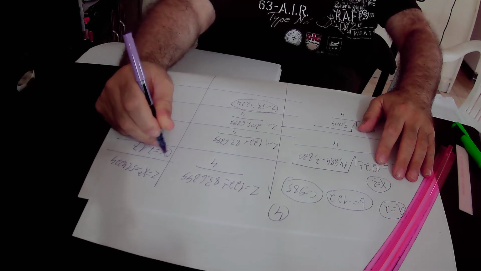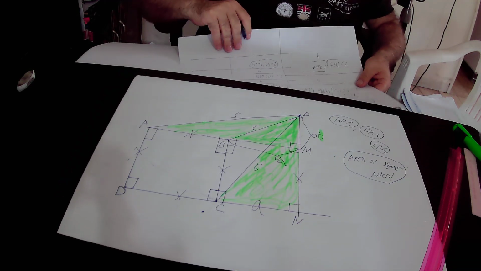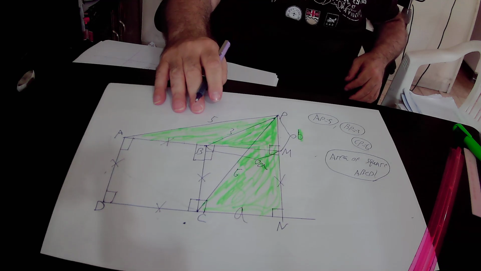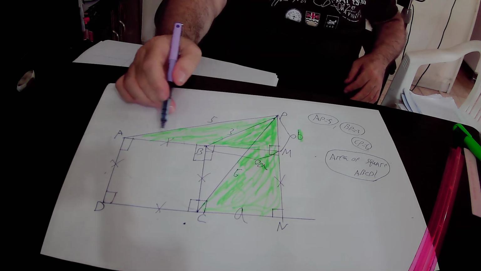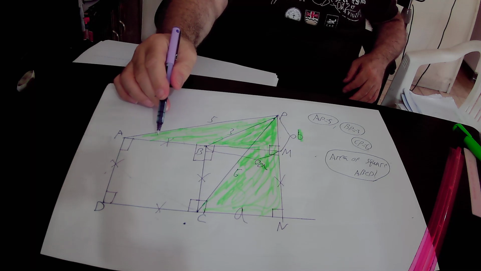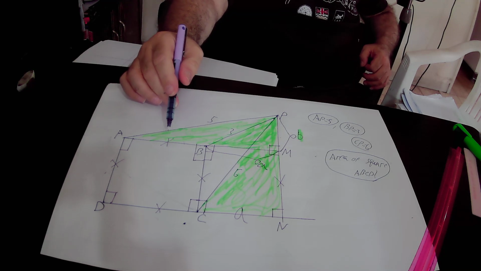So I found that x equals 7.17 units. Here AB is equal to x, it is equal to 7.17 units, but it is impossible that x equals 7.17 units, and I'll explain why.